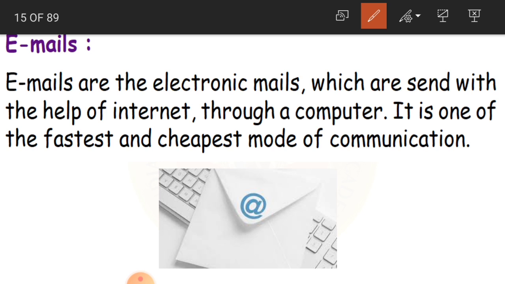Mail again is nothing but a letter, but here we are not writing it with our hand, and we are not posting it in the post box, and the postman is not carrying it to the address. But here these letters are sent through computers. That is why we call them emails, that is electronic mails. Okay, children, electronic mail.